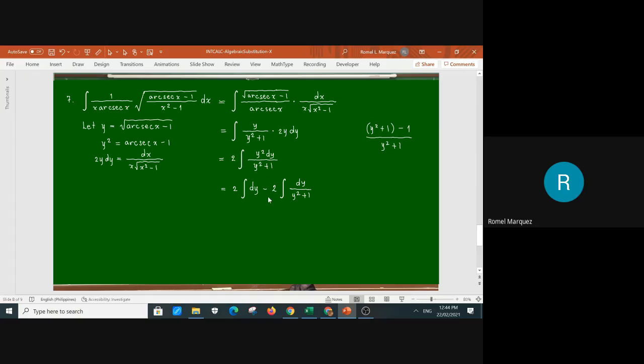Then times 2 each. So we now have 2y minus 2 arctangent of, let's choose arctangent because this is arcsecant, to be consistent with the notation. Arctangent of y. Okay? But what is y, guys?